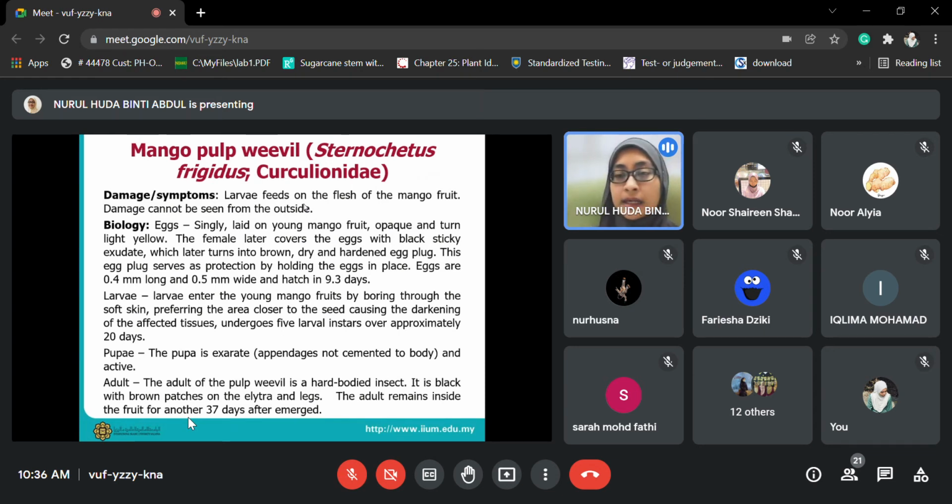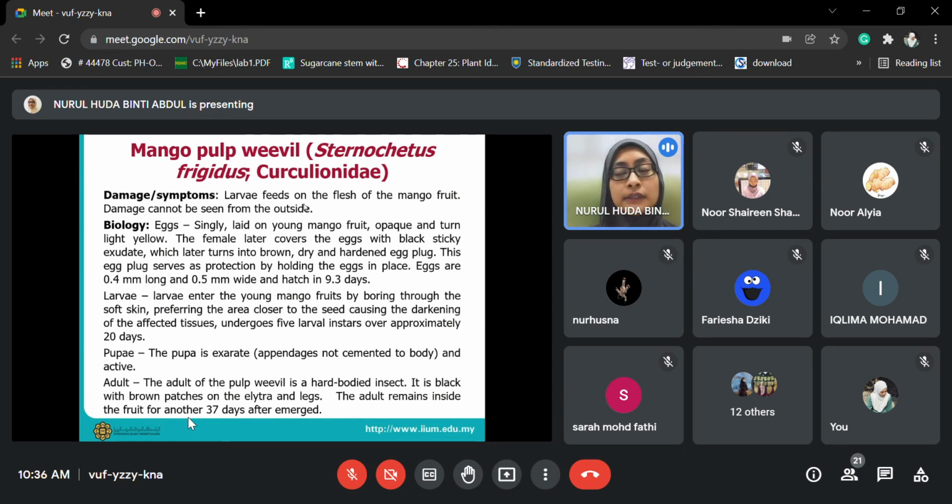The reason is this insect will oviposit on the mango usually at the early fruit set, around the size of a ping pong ball.